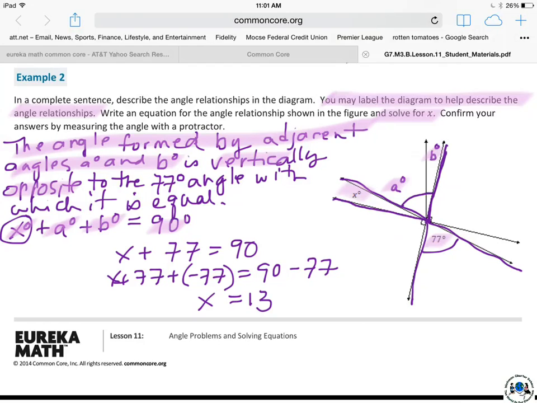The box is 90 degrees, therefore the one next to it is going to be 90 degrees as well. This entire thing I know is 90 degrees. Therefore, I could set up my equation as x plus 77 equals 90, and then just go through the process. And I get x equals 13. So 13 degrees right there.